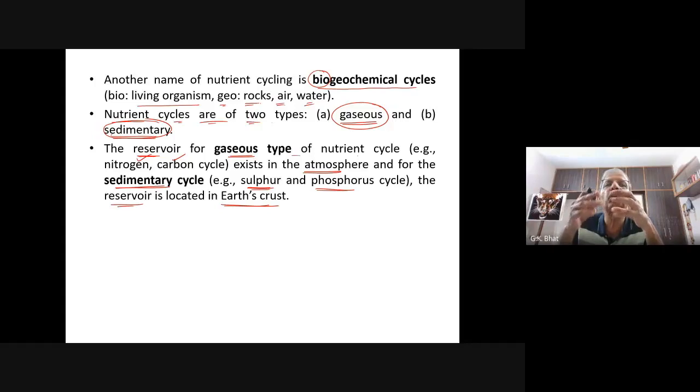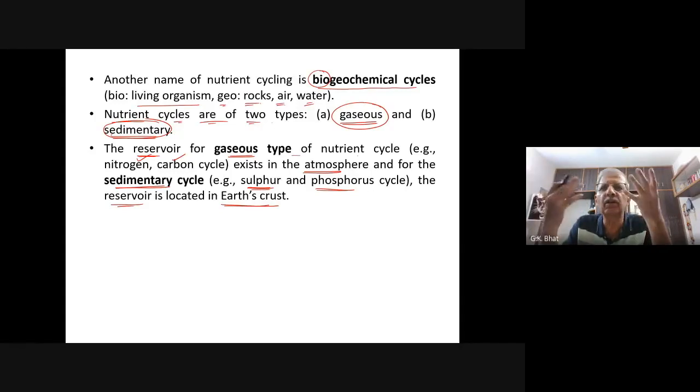Which are examples for the gaseous type of cycle? The atmosphere is the reservoir: nitrogen, carbon, oxygen. We are not studying oxygen. Examples for the sedimentary cycle: phosphorus, sulfur. We get sulfur and phosphorus from the soil.